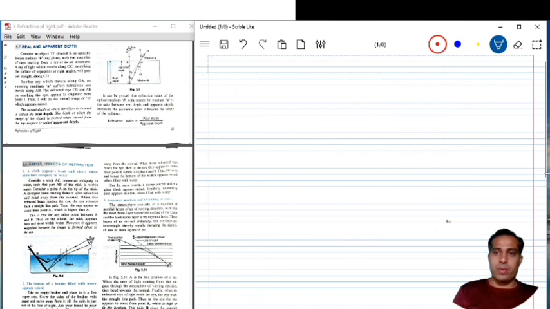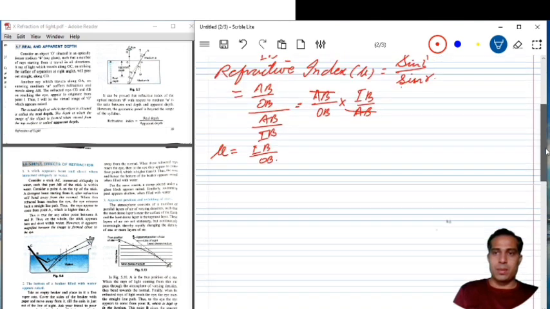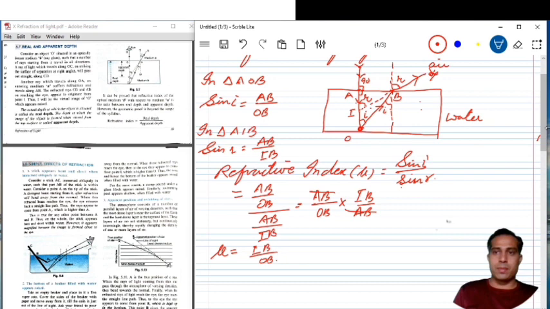So you can see from here, distance OB is approximately equal to OA, and distance IB is approximately equal to IA.